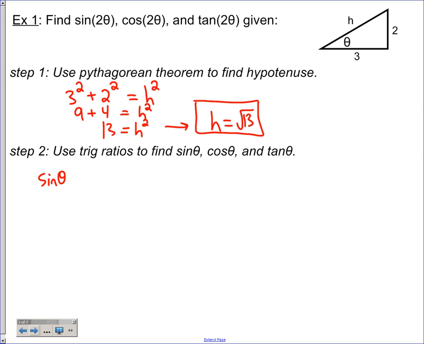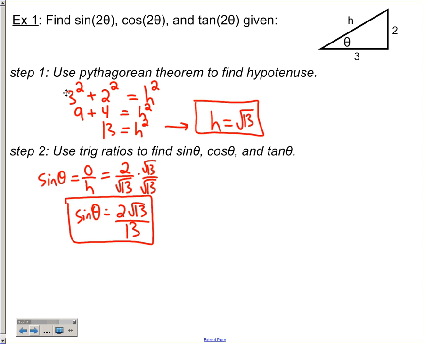To start out, sine of theta is opposite over hypotenuse, which gives us 2 over root 13. We're just going to rationalize that real quick, and it gives us sine of theta equal to 2 root 13 all over 13. Cosine of theta is equal to adjacent over hypotenuse.